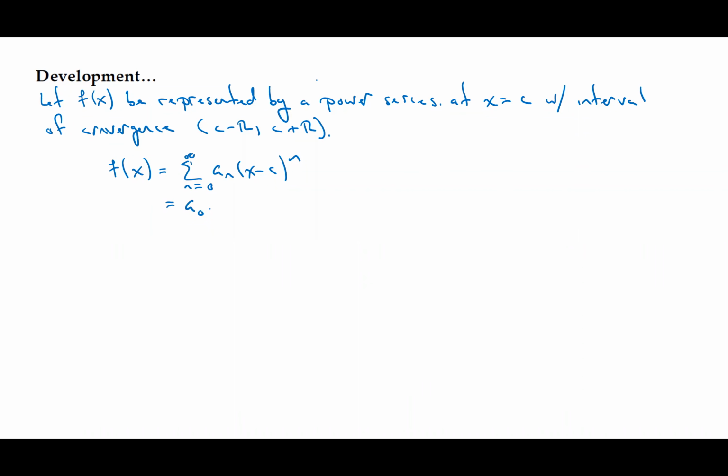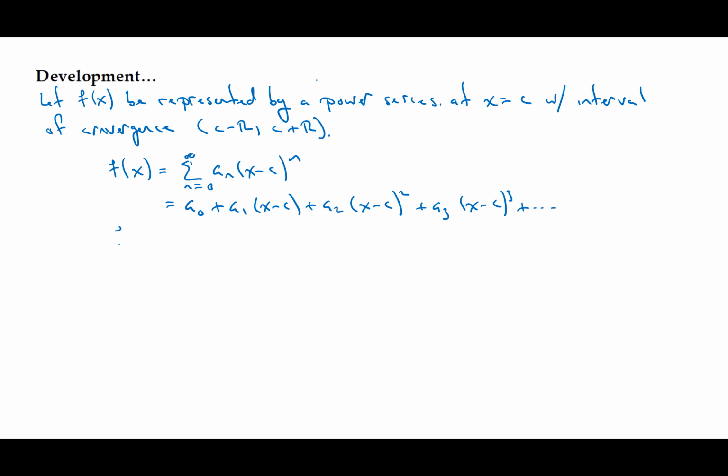which is a0 plus a1 (x minus c) plus a2 (x minus c) squared, and so on.